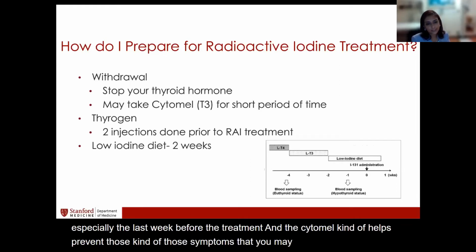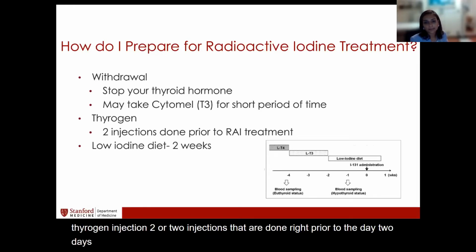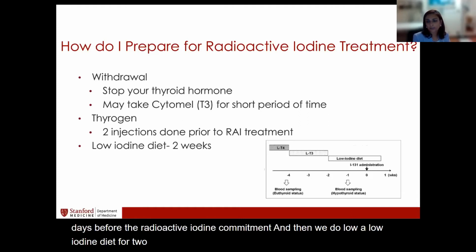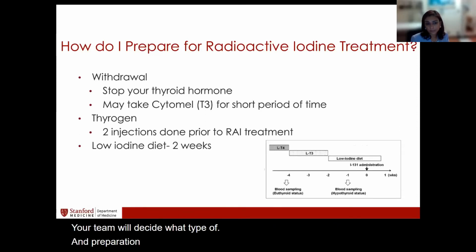And then the Thyrogen injections are 2 injections that are done 2 days before the radioactive iodine treatment. And then we do a low iodine diet for 2 weeks. Your endocrinologist and nuclear medicine doctor, your team, will decide what type of preparation is recommended for you. Generally, most people get the Thyrogen.